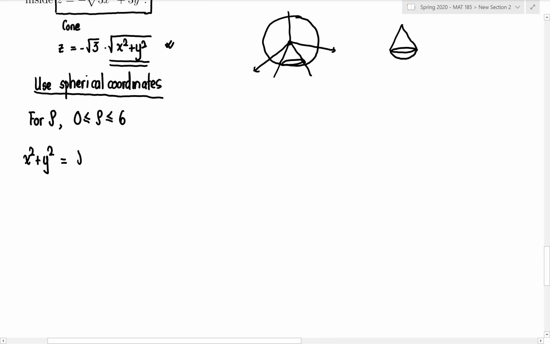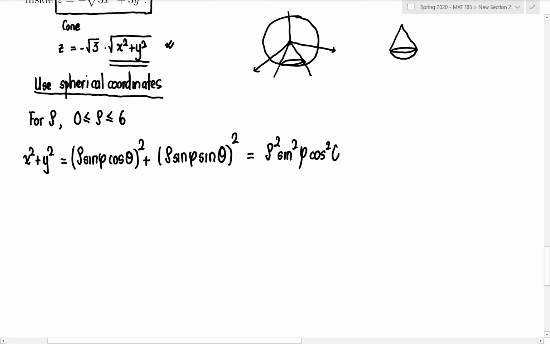Remember, x is rho sine of phi cosine theta, squared, plus y is rho sine of phi sine theta, squared. So if I square both of them, I get rho squared sine squared of phi cosine squared theta plus rho squared sine squared of phi sine squared theta.